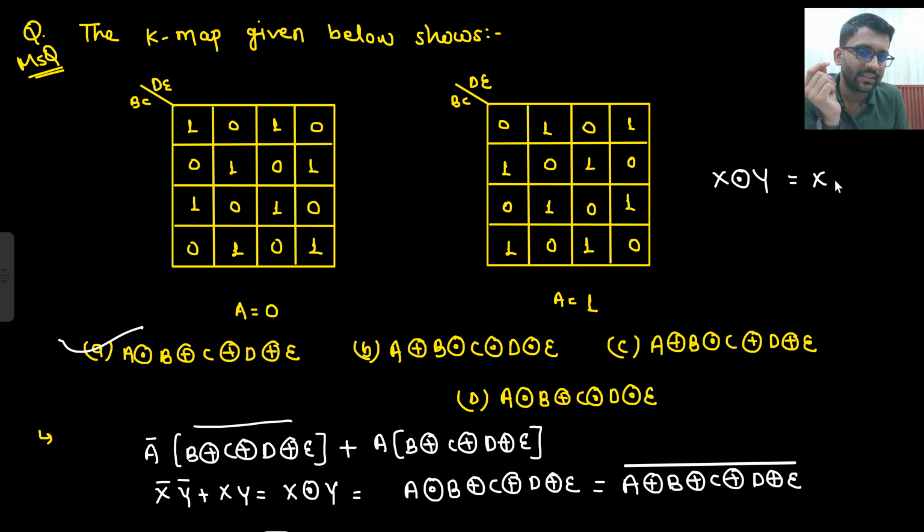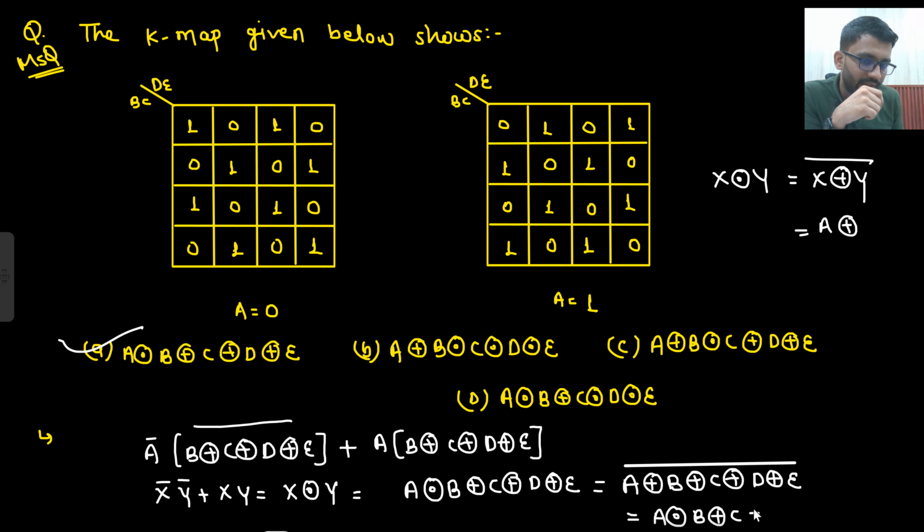So that can be written as this thing. So A is X, XOR B XOR C XOR D XOR E. Now what I can do? If this bar is there, then one of them will be replaced with the dot, and then that can move anywhere. Now this dot can move anywhere. So from here this option is correct, right?